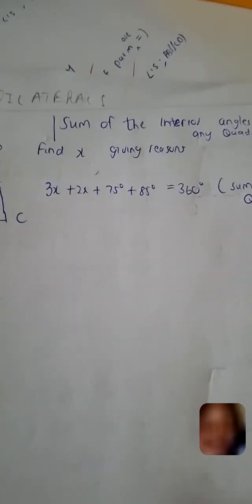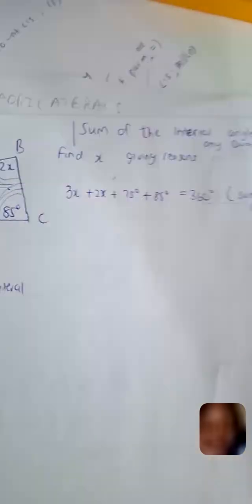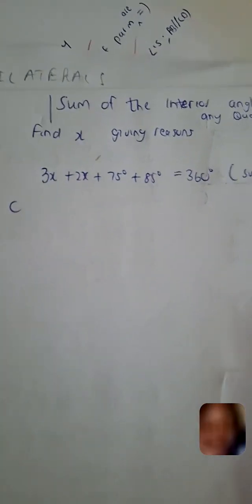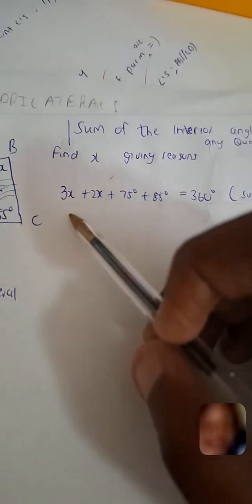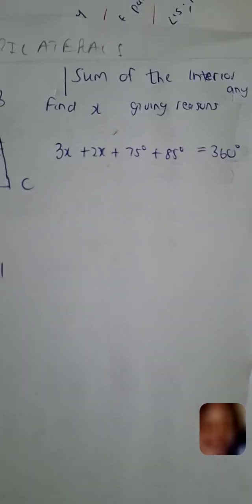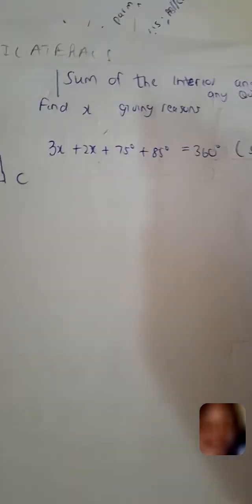And then let's do our mathematical solving here. We've got a linear equation. I think in grade 8 we did linear equations. We add the like terms. You see 3x and 2x are like terms. 3x plus 2x gives us what, Kia? 5x. Yes, 5x.